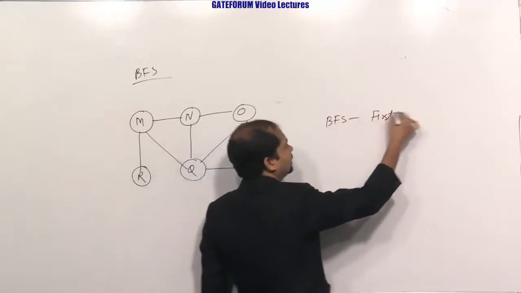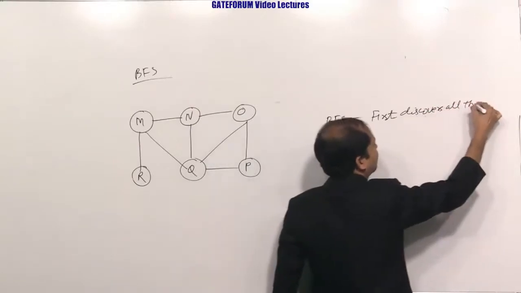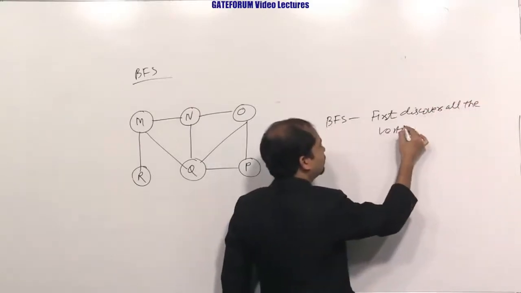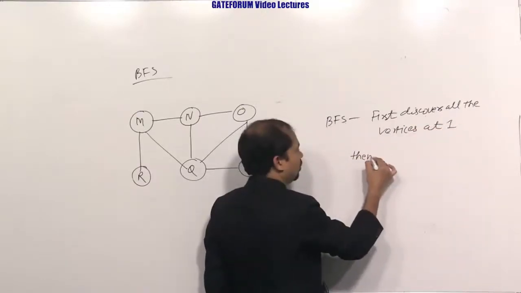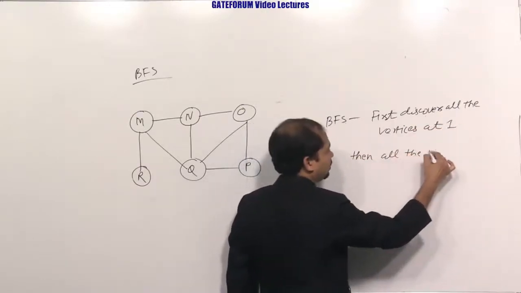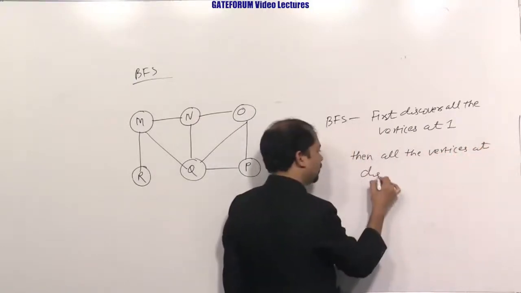discover all the vertices at distance 1, then all the vertices at distance 2, and so on.